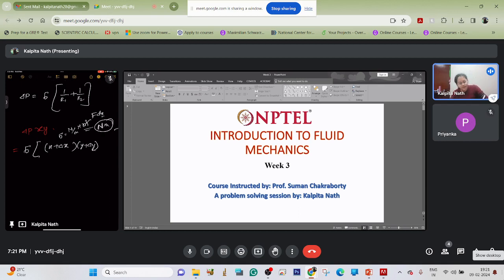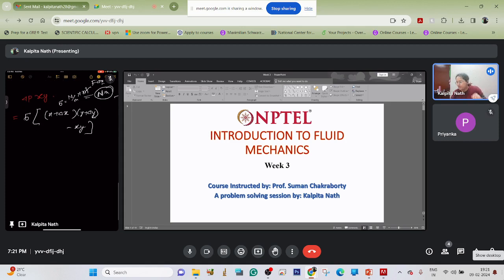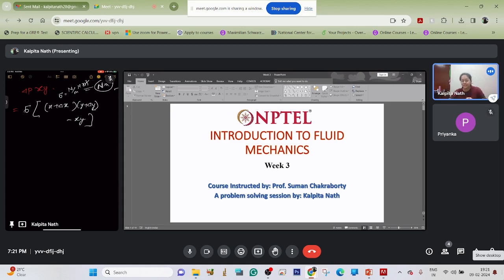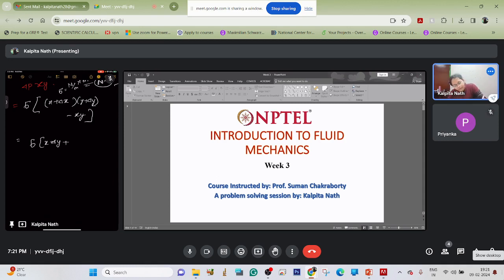This is the new surface, and minus xy, that was the old surface. So the work done because of the surface tension is only helping for the stretching, right? If we solve this, we will get x del y plus y del x.